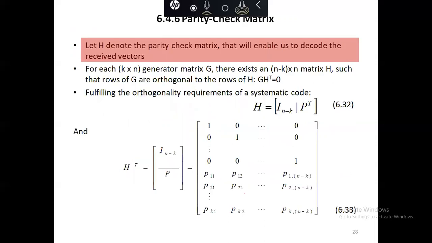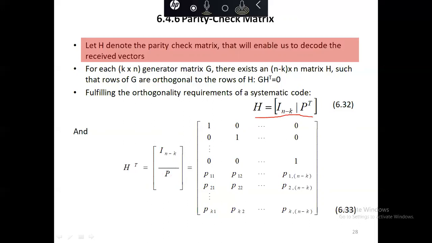So at the receiver, we need the parity check matrix. You know the parity matrix is like this, but the parity check matrix at the receiver will be the inverse of it, that is, I n minus k and P transpose.